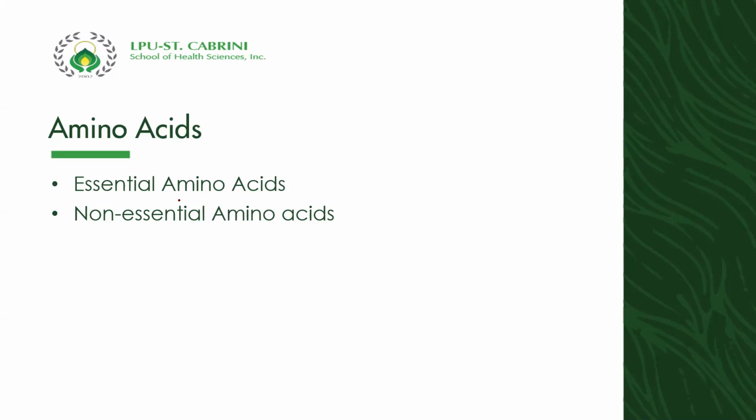Examples of essential amino acids include valine, leucine, isoleucine, and methionine. These are your essential amino acids, and those not belonging to this group are what we call non-essential.